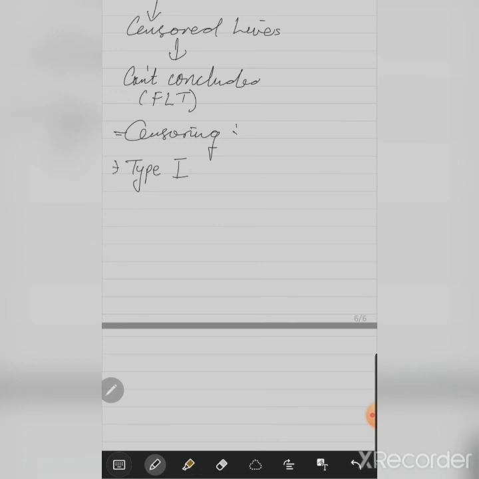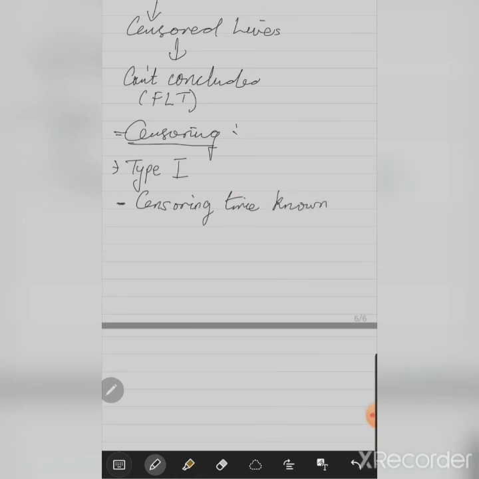Whenever I'm observing a particular set of lives for a predefined time period, we know the censoring times in advance. So here the censoring time is known in advance. We call it type 1 censoring.